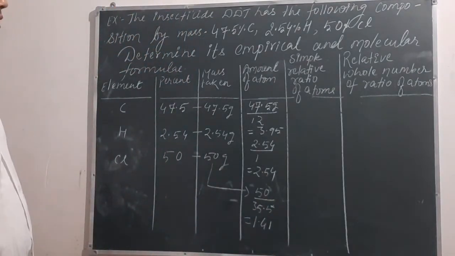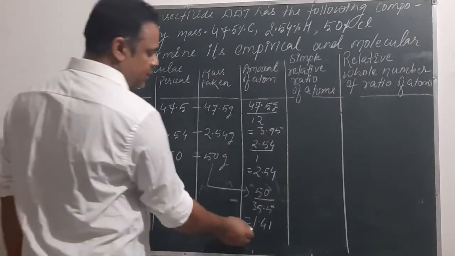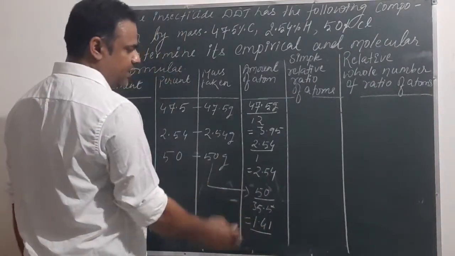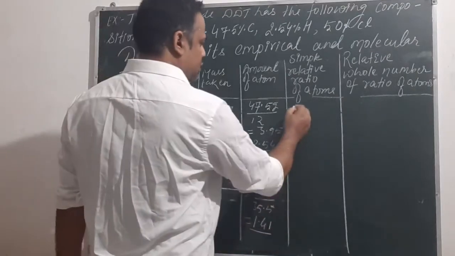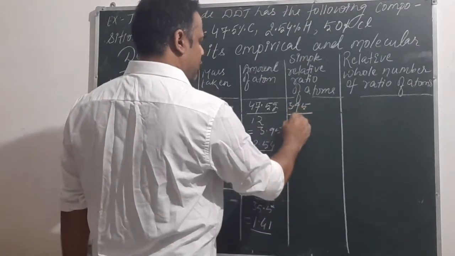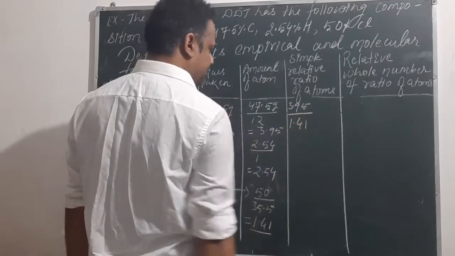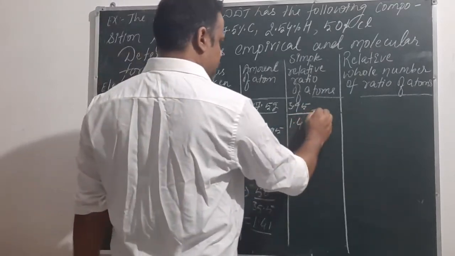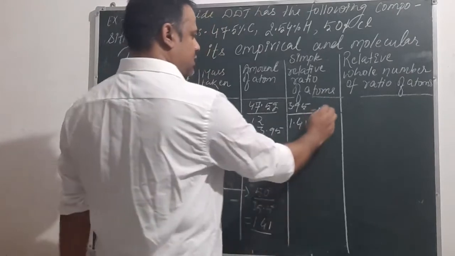To get the simple relative ratio, the smallest value is 1.41, so we'll divide each value by 1.41. So 3.95 divided by 1.41 is equal to 2.8.